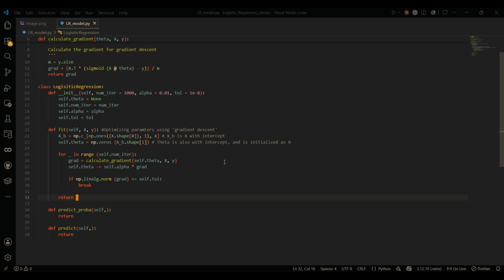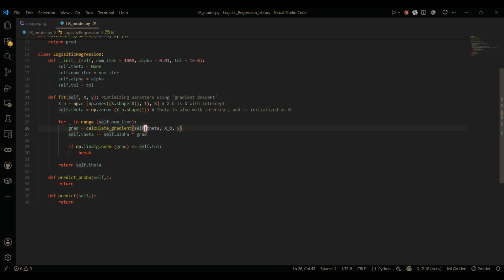Right here, we will return theta, which is the optimized set of parameters. Oh, and by the way, this is x with intercept because we're putting theta, which is also theta with intercept, right here.